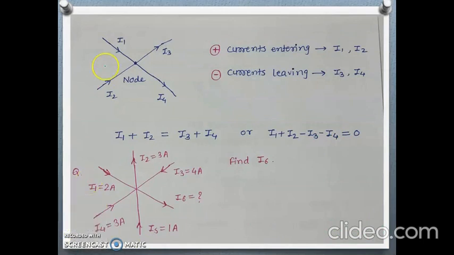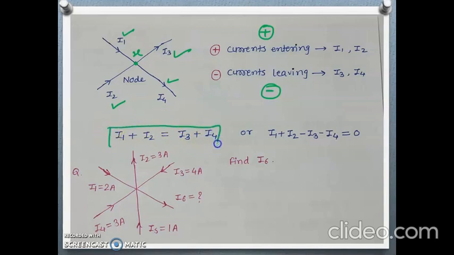Here, suppose this is node X, and at which 4 branches are there. This is the meeting point for 4 branches. The currents entering are I1 and I2, and I3 and I4 are leaving the node. Always remember that for entering currents we assign a positive value, and for current leaving a negative value. So current entering equals current leaving: I1 plus I2 equals I3 plus I4.